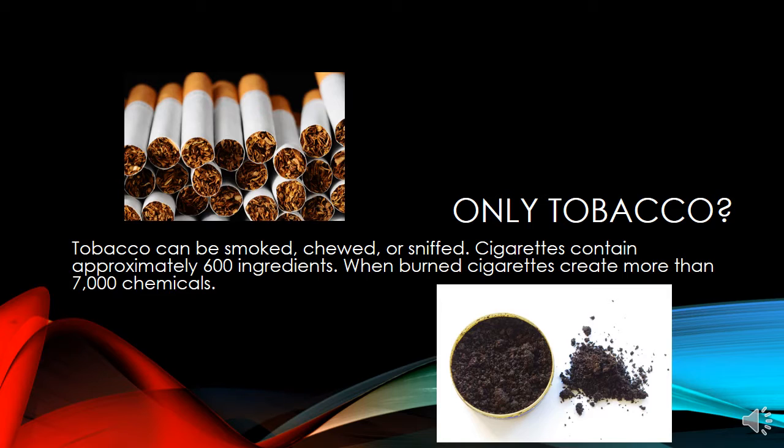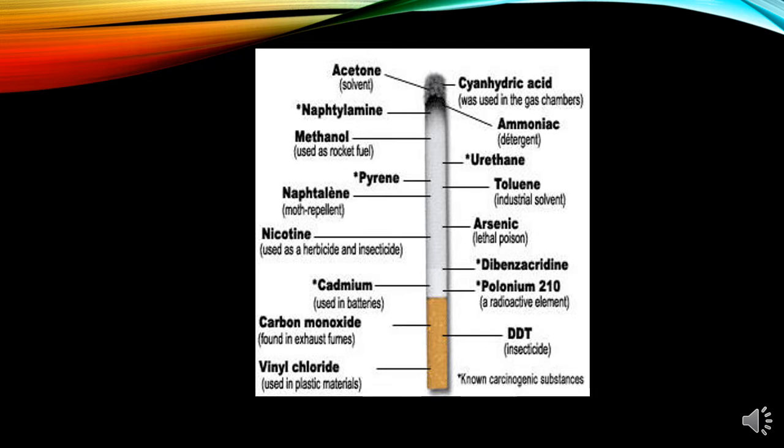Cigarettes contain approximately 600 ingredients. When burned, cigarettes create more than 7,000 chemicals. Here we can see a lit cigarette.